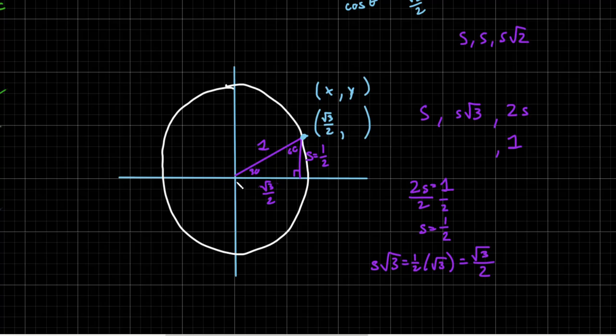Vertically is like this direction. What is the length of this side right here? That's this angle. What do we figure out s to be equal to? Yep, 1/2.